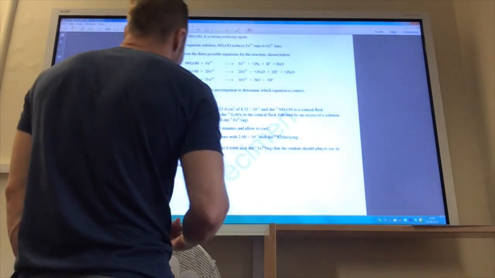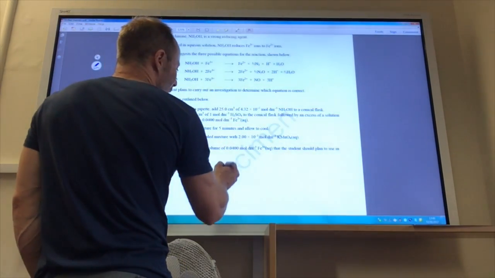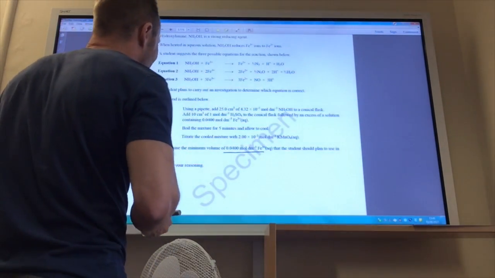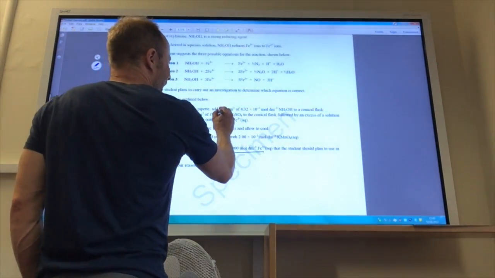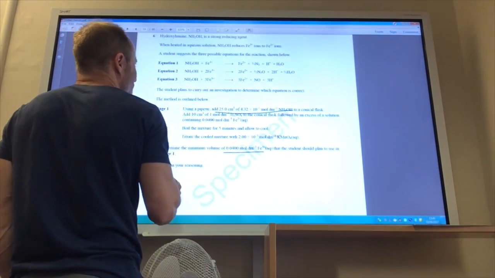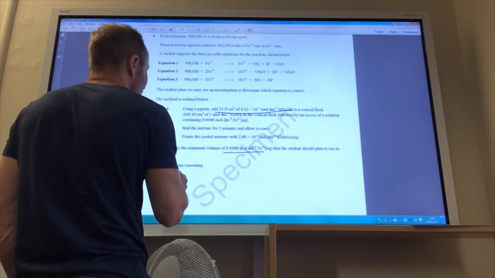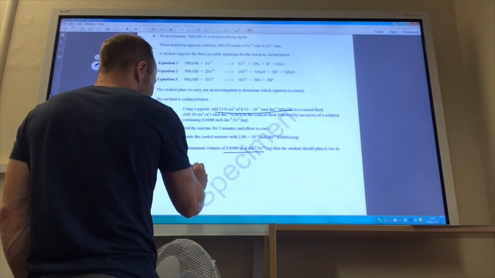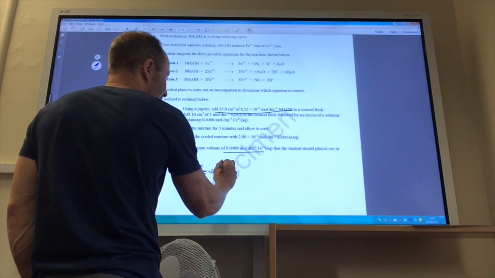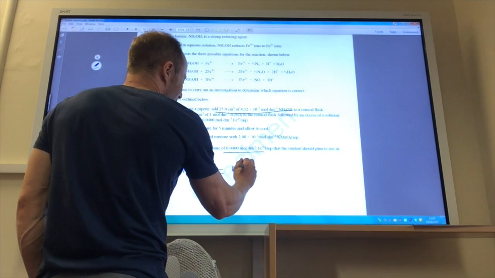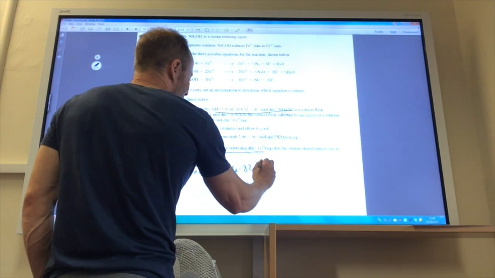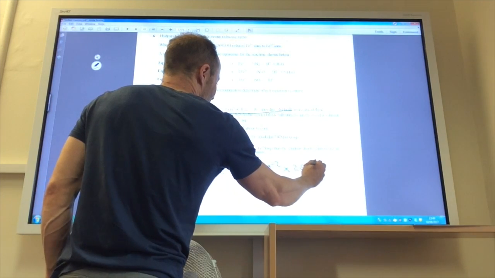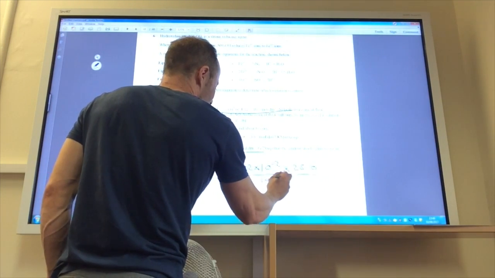I need to determine the minimum volume of that concentration of Fe3+ that I need. The first thing I need to work out is the number of moles of hydroxylamine. Moles is its concentration, 4.32 times 10 to the minus 2, times the volume over 1,000.